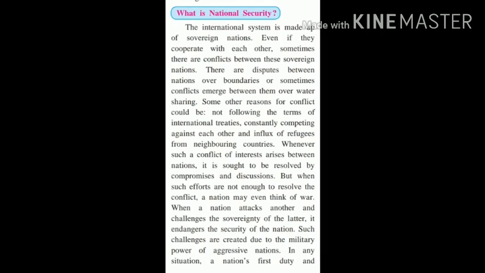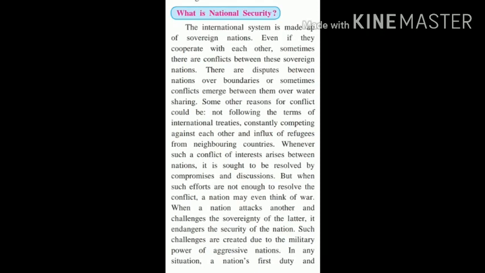The first is boundaries, the second is water sharing, the third is not following the terms of an agreement or treaty, the fourth is constantly competing with each other, and the fifth is influx of refugees from neighboring countries, etc. Whenever such conflicts of interest arise between nations, they are sought to be resolved by compromises and discussions.